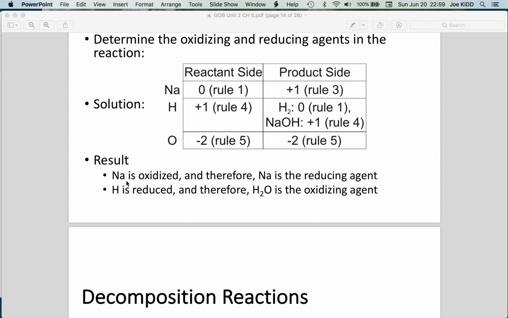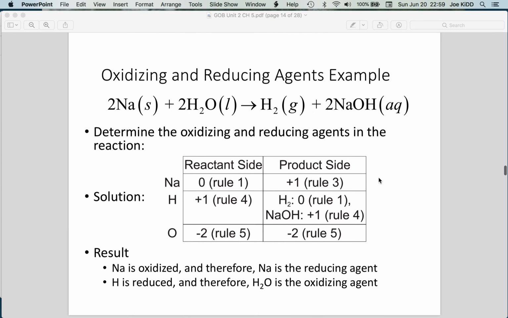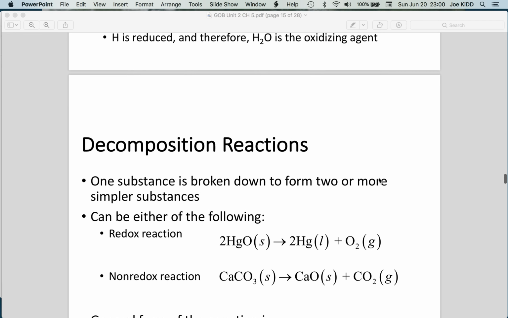So sodium is oxidized, therefore the reducing agent. Hydrogen is reduced, therefore the oxidizing agent. This is tricky. I encourage you to stop this video right here, rewind it, go over it a couple times. This is not trivial.